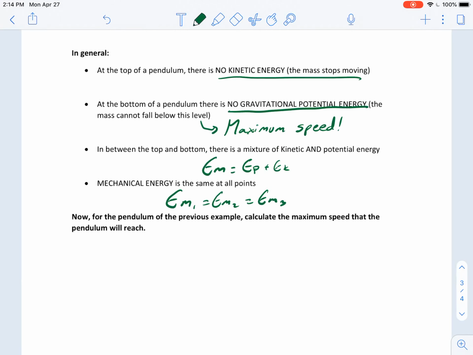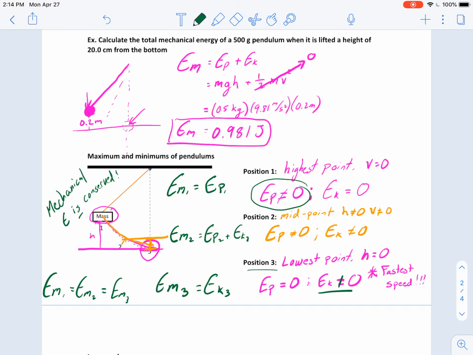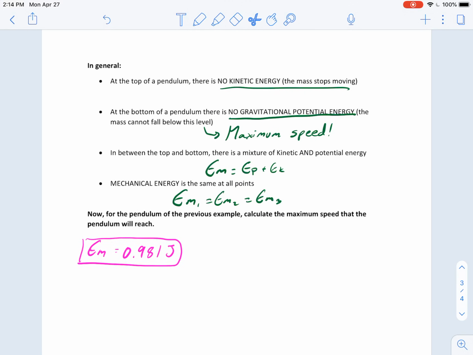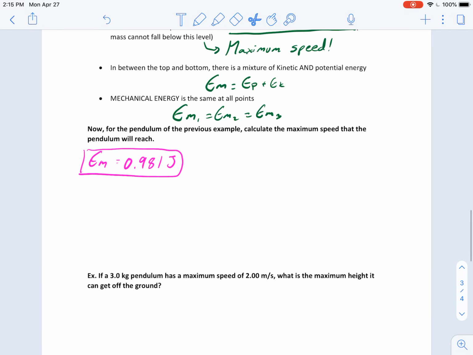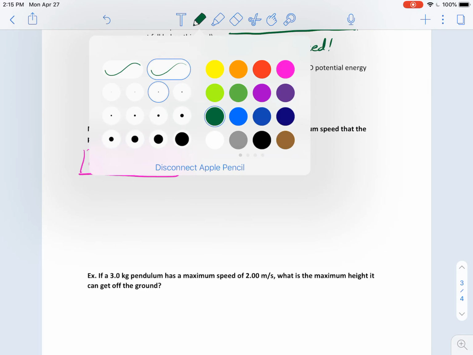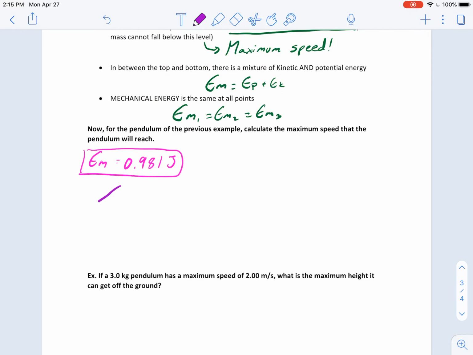So let's try another one, or an extension of this one. So if we recall that our mechanical energy is equal to 0.981, and we want to find the maximum speed. So if I was to draw this pendulum again, this is our equilibrium line, right there.